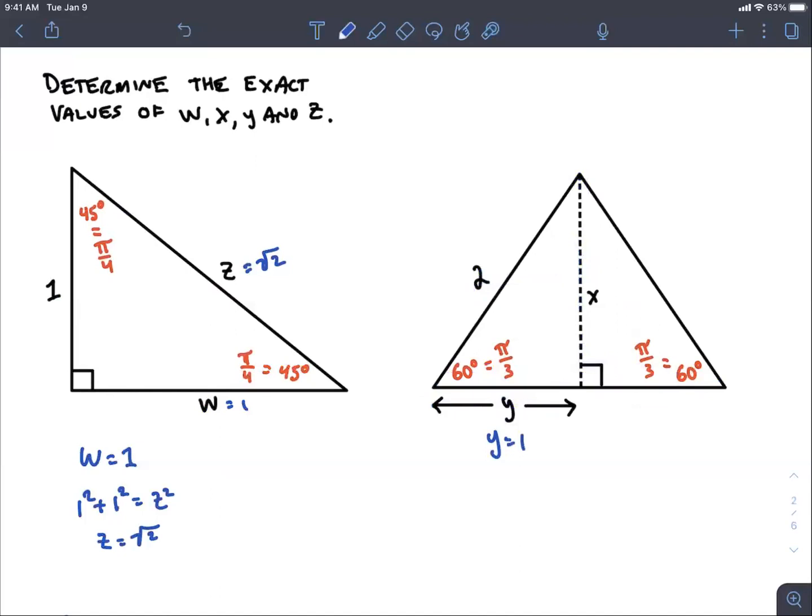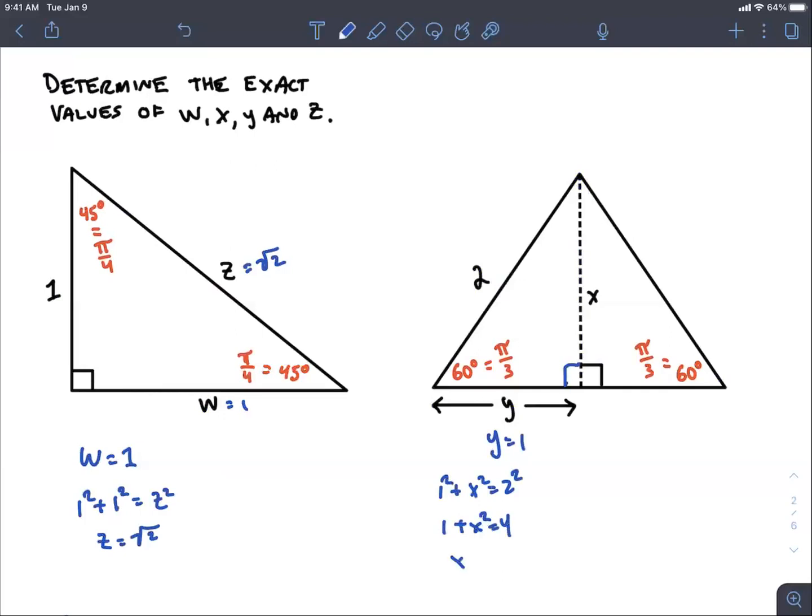Okay, and then if we know that Y is 1, we also know that this smaller triangle on the left is a right triangle, and we can use the Pythagorean theorem again. And in this case, it would be 1 squared plus X squared equals 2 squared. So we'll have 1 plus X squared equals 4.